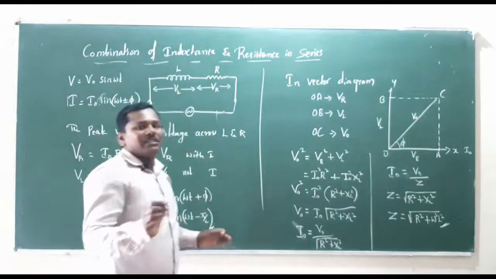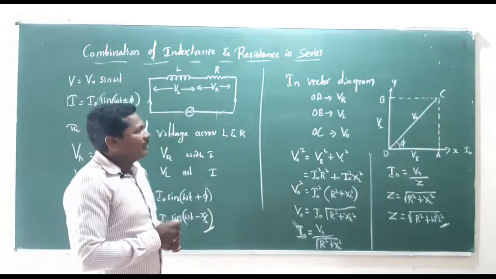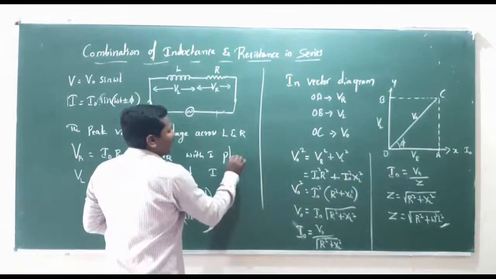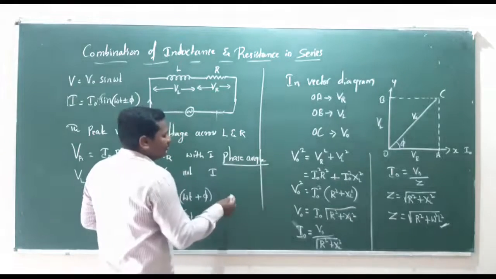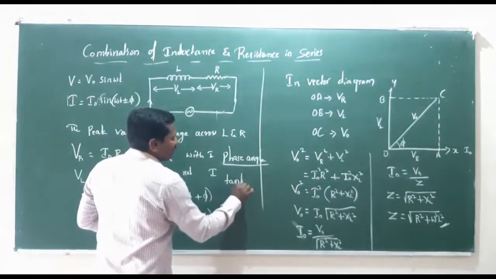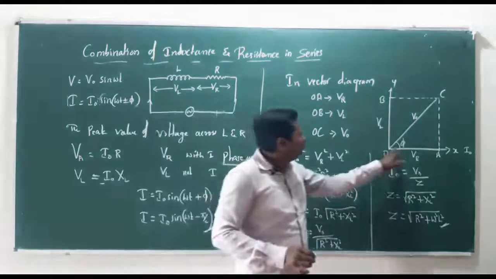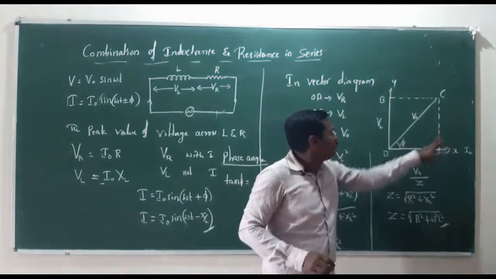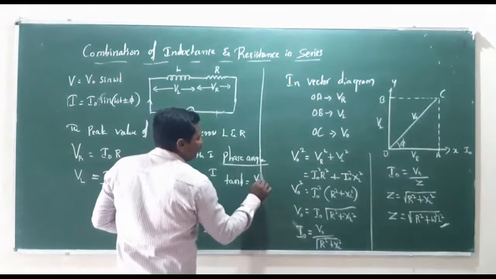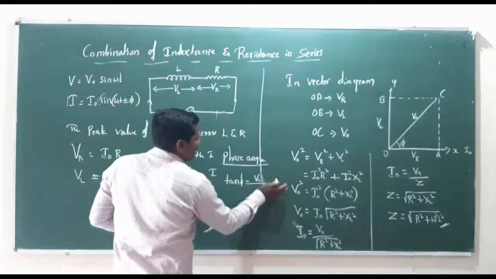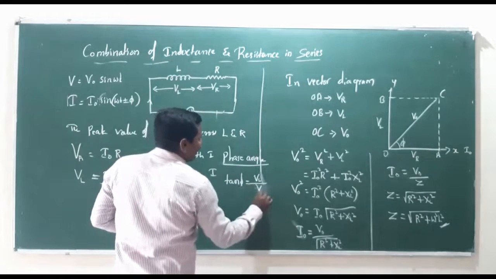We know that the phase angle between the current and voltage can be represented by tan phi, which is equal to opposite divided by adjacent. The opposite we took as VL, and the adjacent is VR.